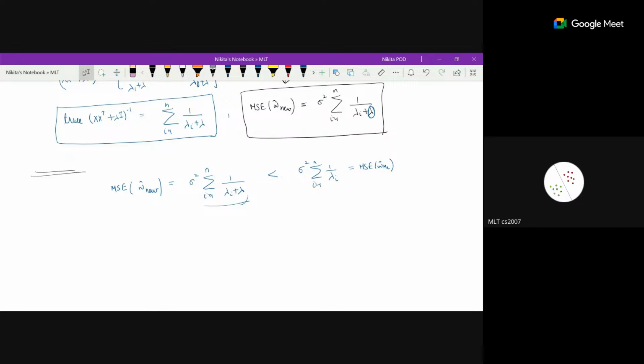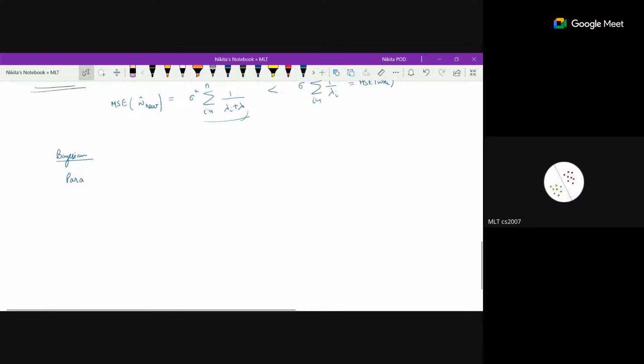To do the Bayesian modeling, what do we have to do? My parameter is still W that we want to estimate.